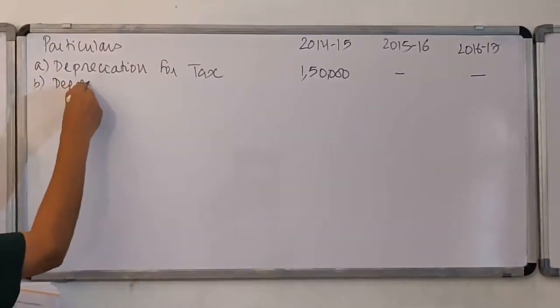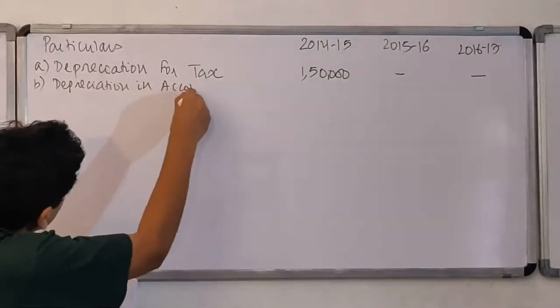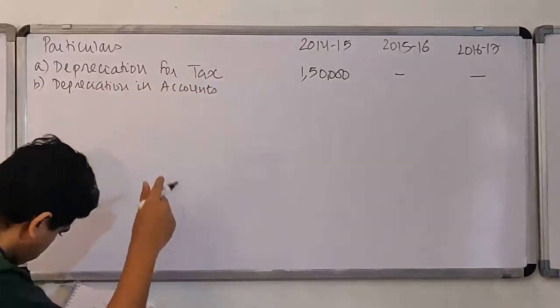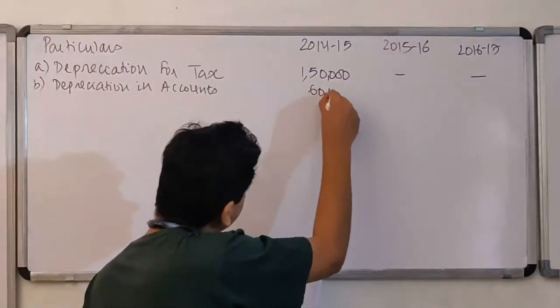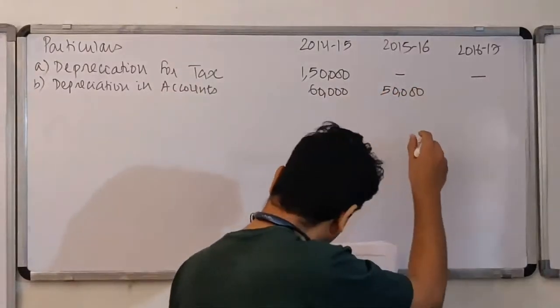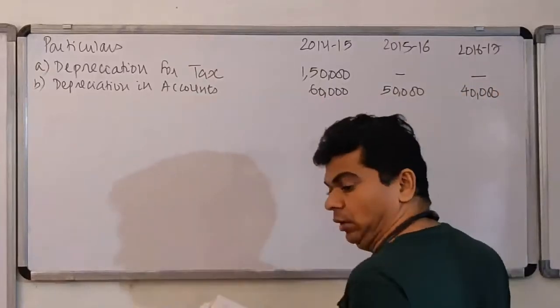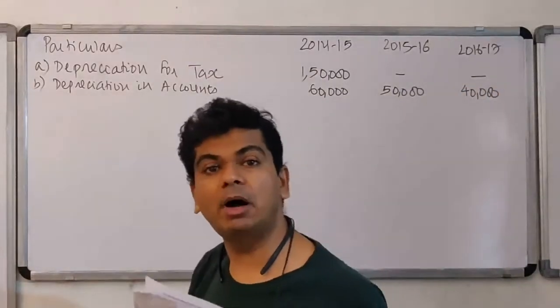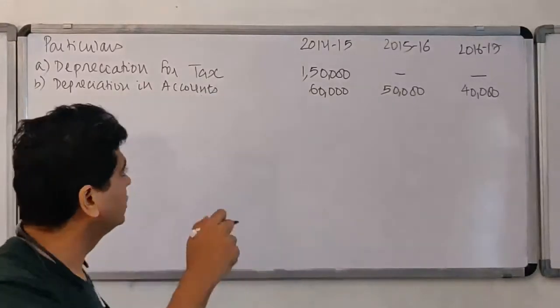Then I say depreciation in accounts: 60,000, 50,000 and 40,000. The difference between the two amounts of depreciation will be your timing difference.